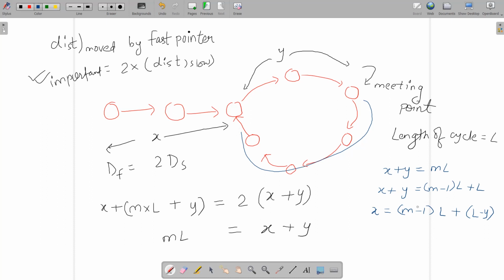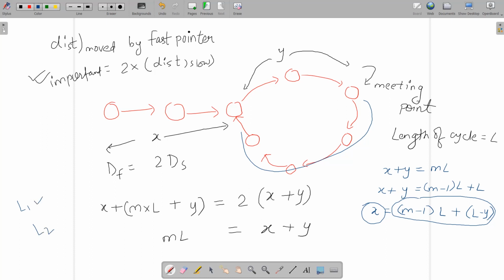Okay, so this gives me the idea, and I strongly recommend that you hear this point very carefully, that x is matching with this entire thing. So what I'm saying is, if we start one pointer, let's say pointer L1, and another pointer L2.